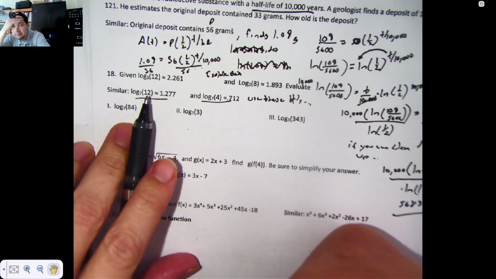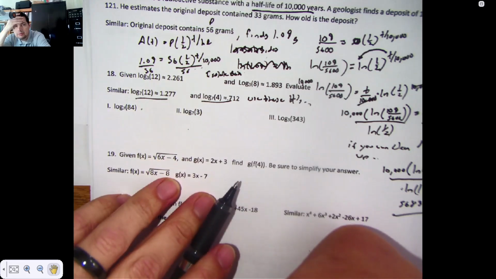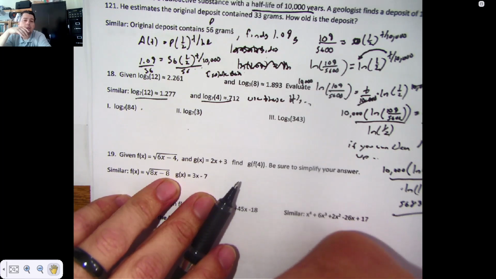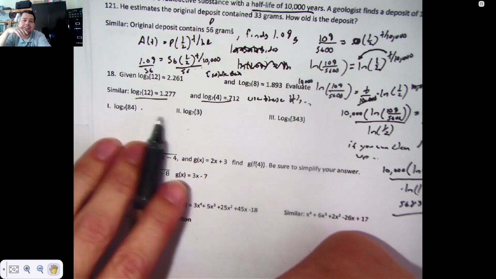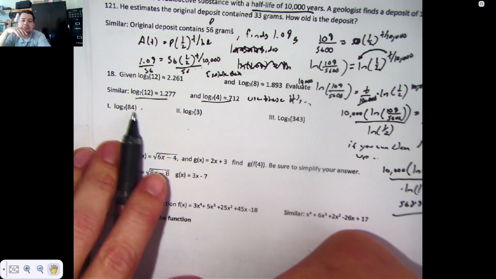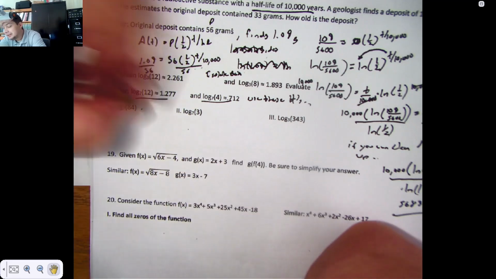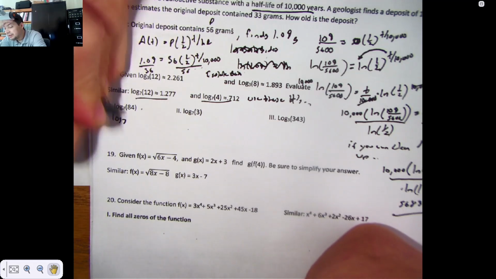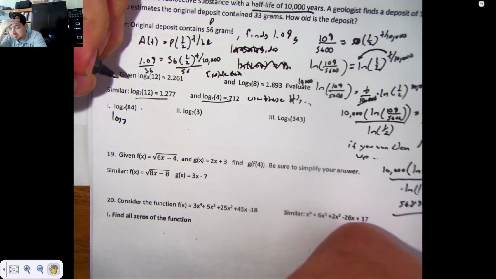And you were given a 12 and a 4. Really makes me wonder where I got 84 from. Oh, I never changed these things right here. Okay, oops. I never wrote similar ones for parts 1, 2, and 3. So let's do a log base 7 of, I guess, 48.